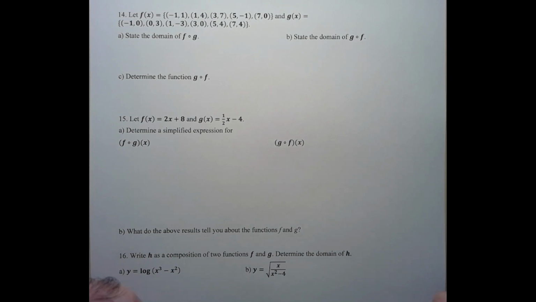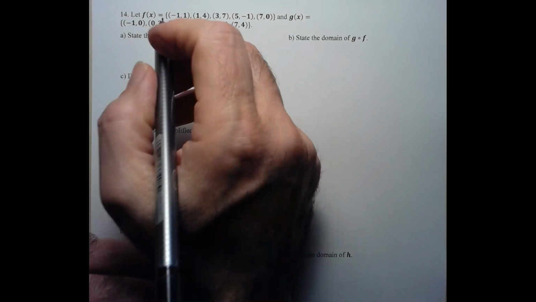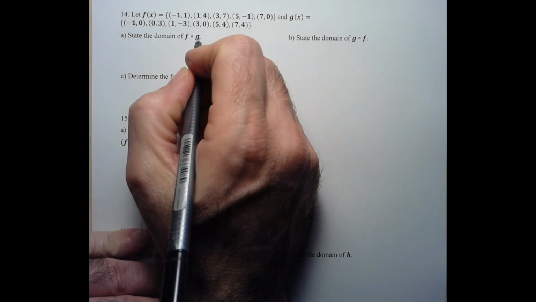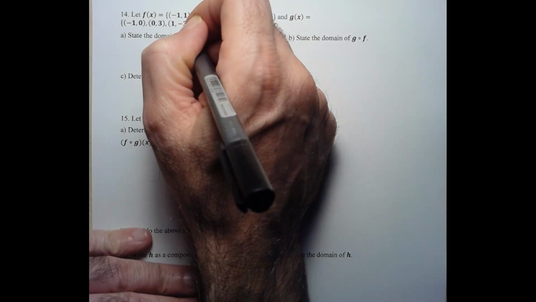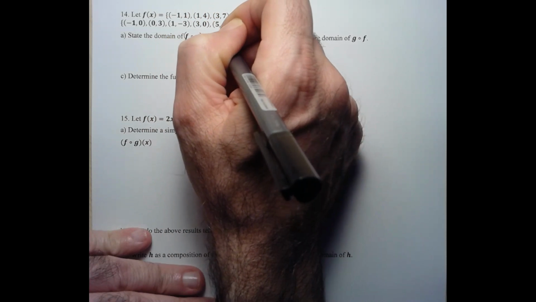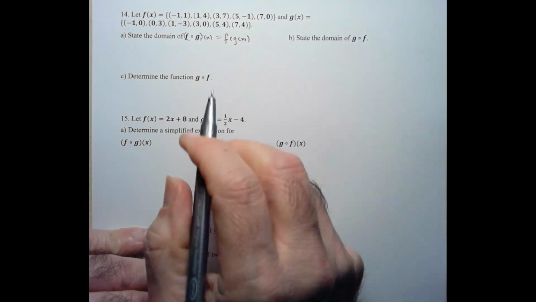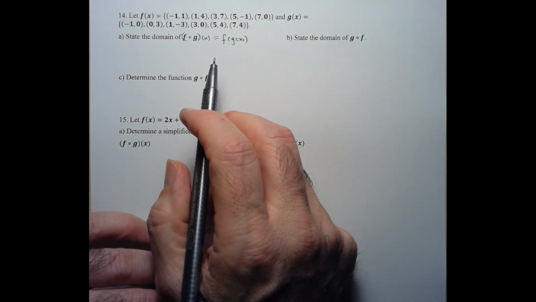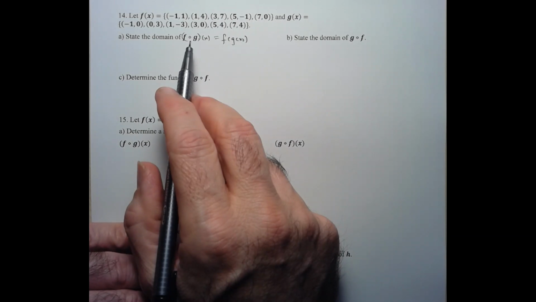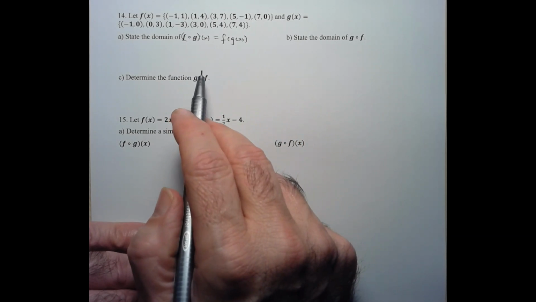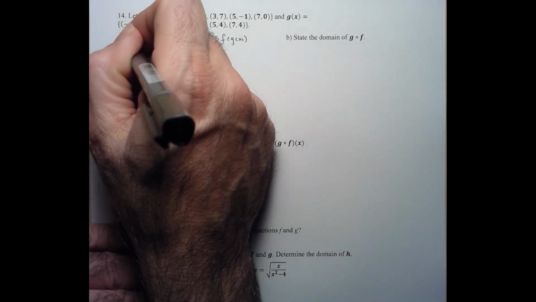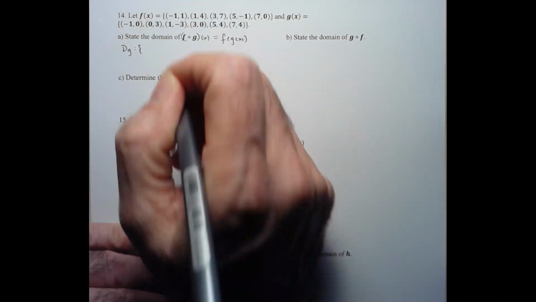All right, so let's take these up here. So here I want to find the domain of f circle g. So remember that f circle g of x is f of g of x. So I know that whatever's going to be in my domain of this function has to at first be in the domain of g. So what I'm going to do is start by listing the domain of g.